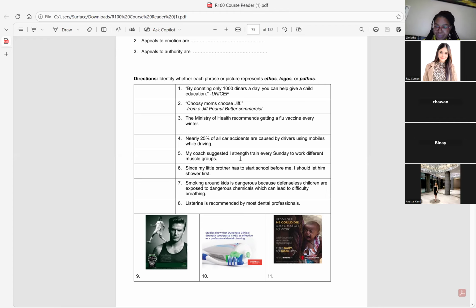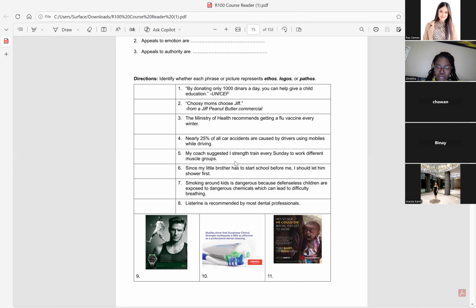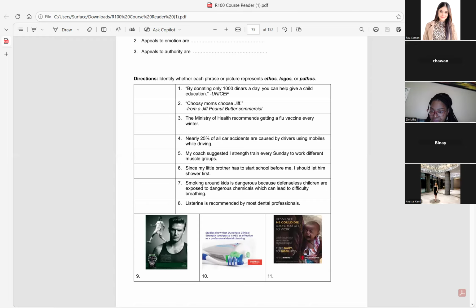Number 5, my coach suggested I strength train every Sunday to work different muscle groups. Benai, my coach suggested I strength train every Sunday to work different muscle groups. I want to hear from the males. There's a lot of people on here, but they're not answering. Benai. No? Okay. Right.